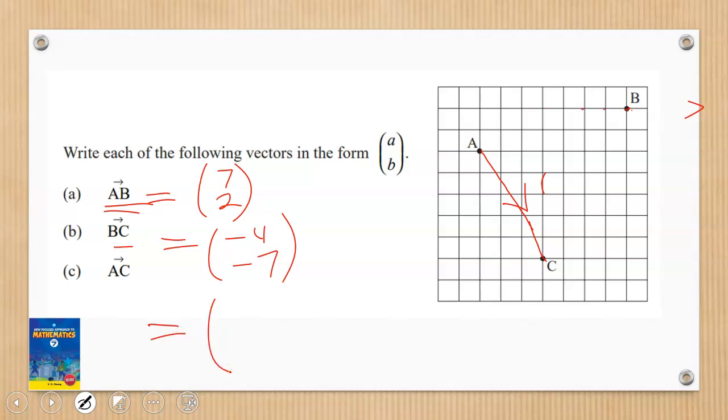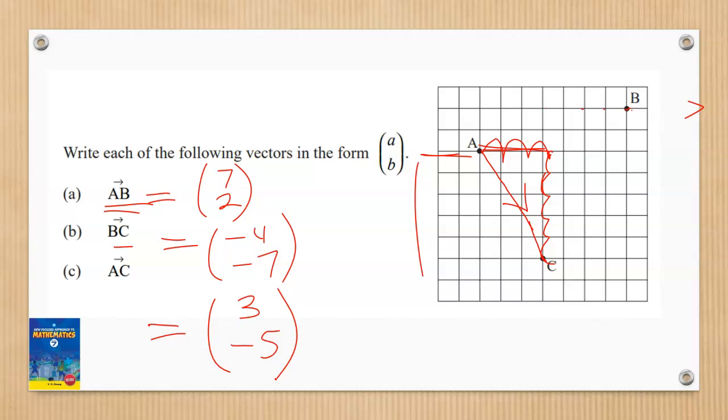Now, I can't go backwards, because when I go backwards and I go down, I will not get to C. I must go forward and go down. So forward, how many steps will I move on the x-axis? 1, 2, 3. So that means I'm going to have +3. Then I go down 1, 2, 3, 4, 5. So that will be -5. So the vector AC is (3, -5).